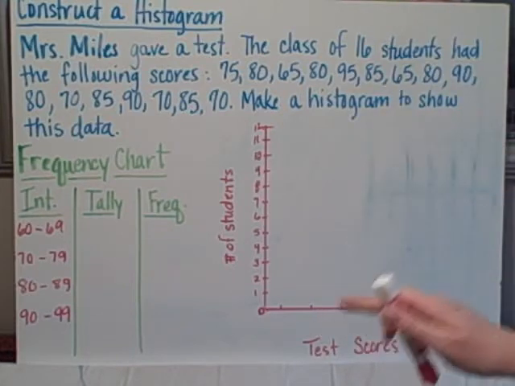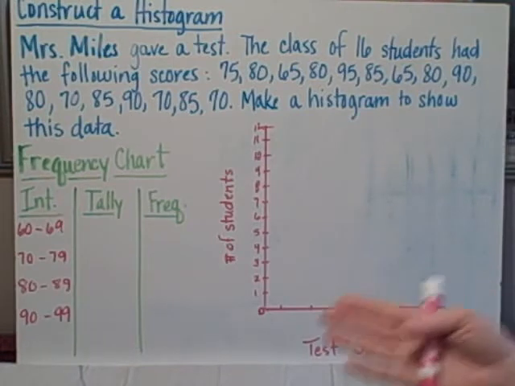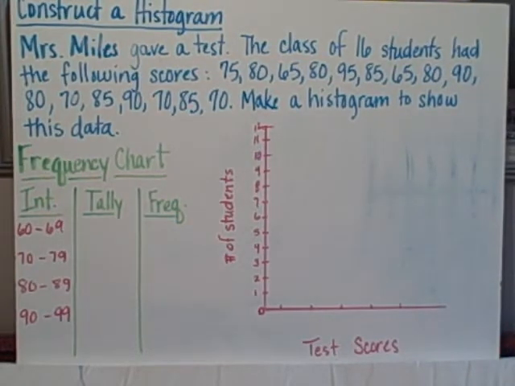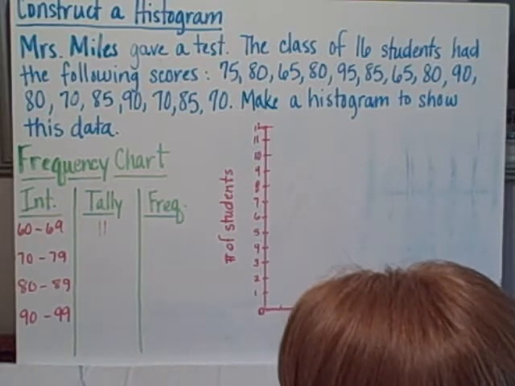Now, the second part there is tally. So what we need to do is go through the data and find out how many scores fall into each one of those intervals. In the 60 to 69 interval, there are 2 scores. So we will mark those 2 here using tally marks.